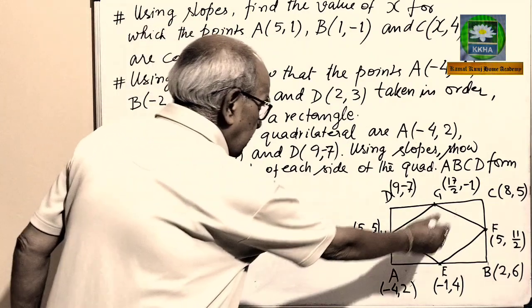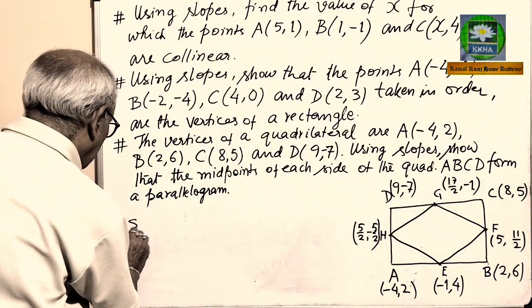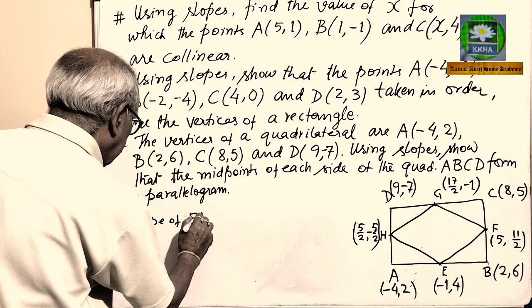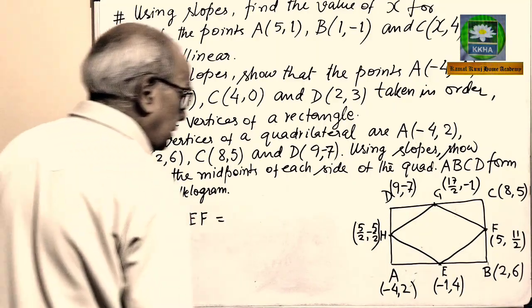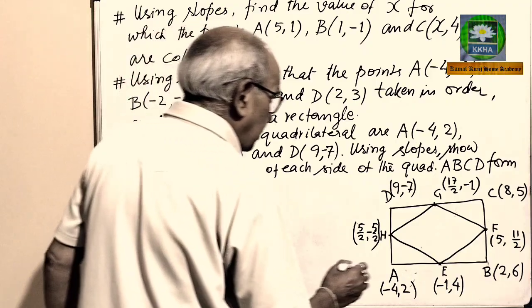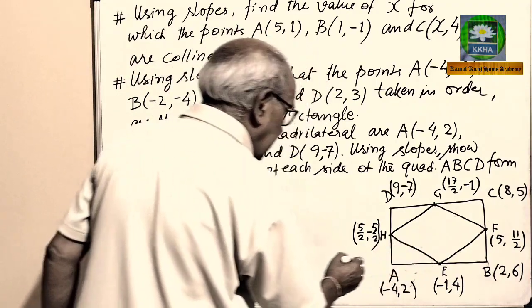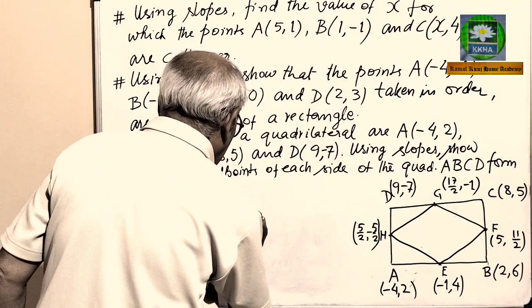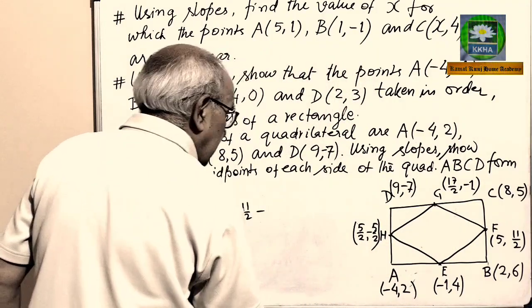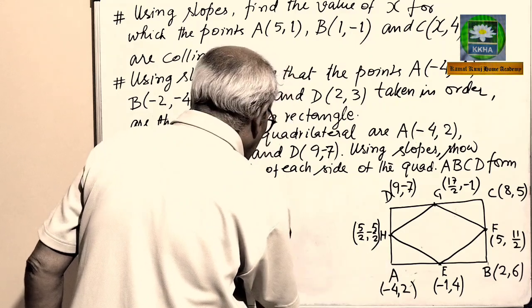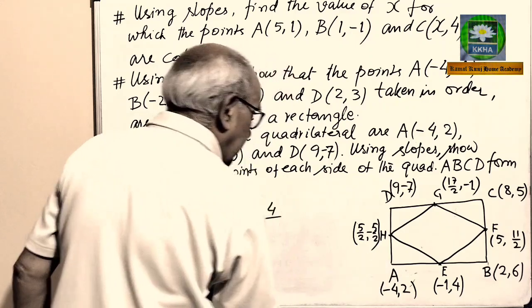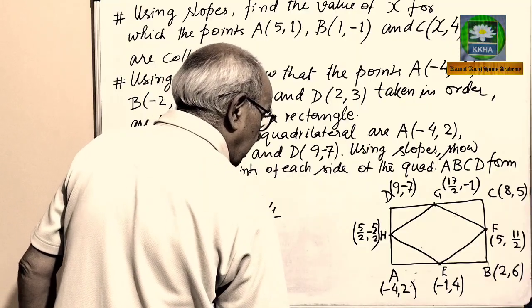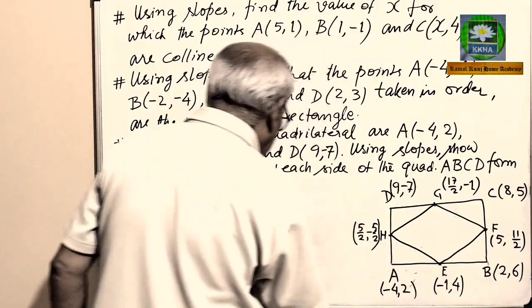Now slope of line segment EF is equal to y2 minus y1, that is 11/2 minus 4, over x2 minus x1, that is 5 minus (-1), which means plus 1.